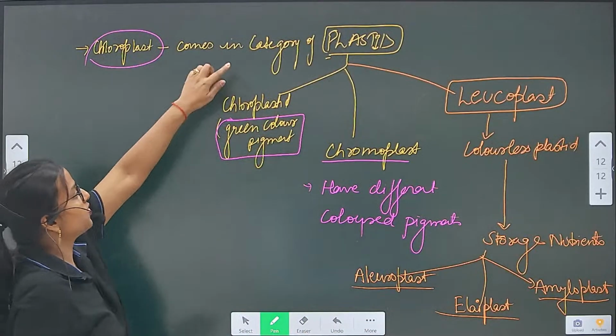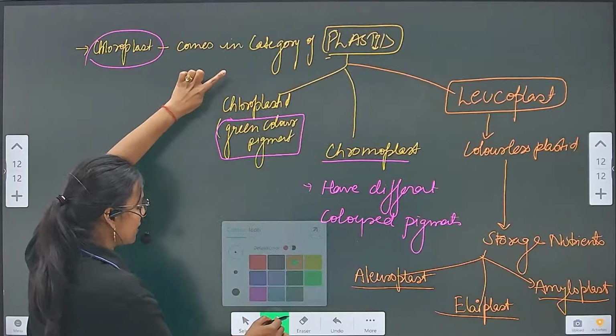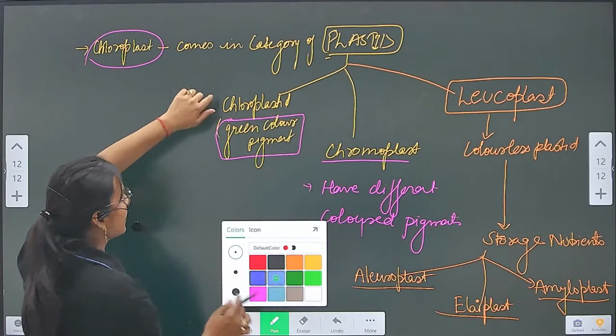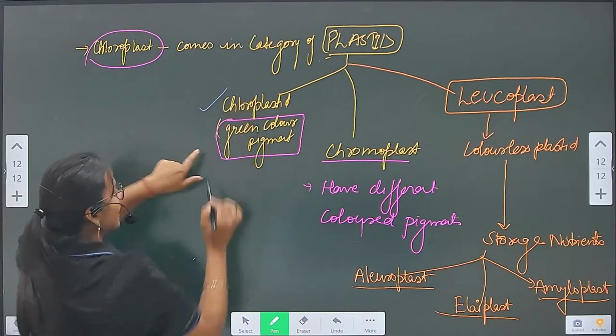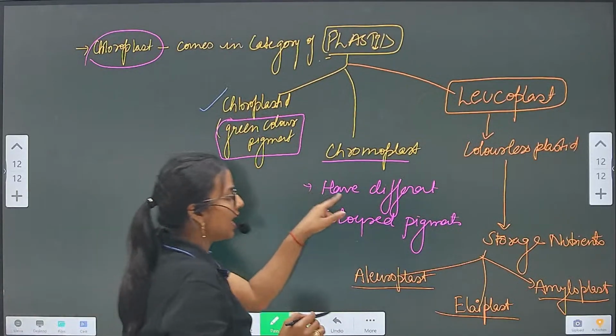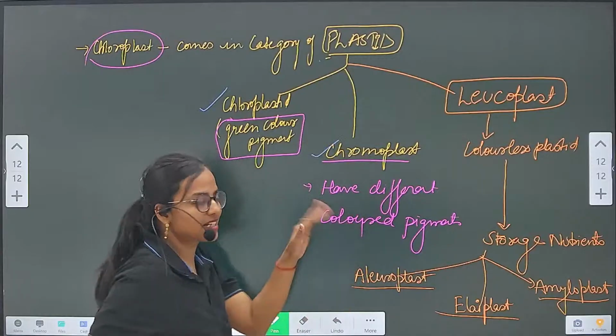Leucoplast is a further type of plastid. See, the general category is plastids, which are of three types: chloroplast containing green color pigment, chromoplast with other color pigments, and leucoplast with no pigment.